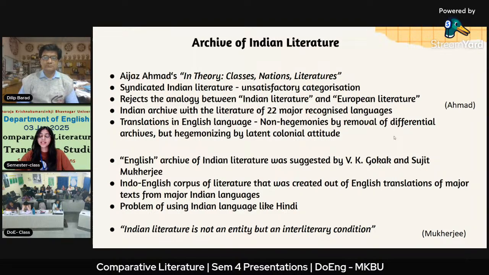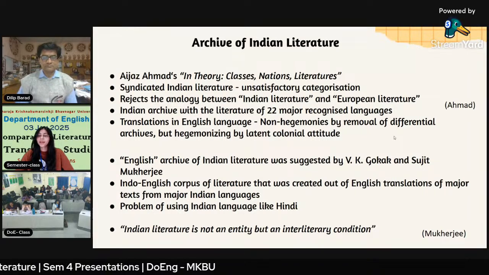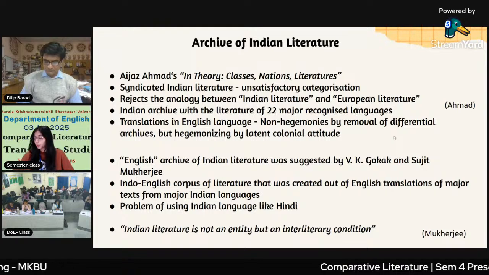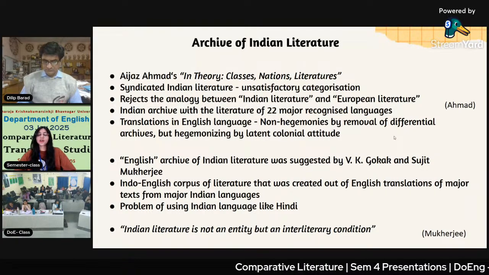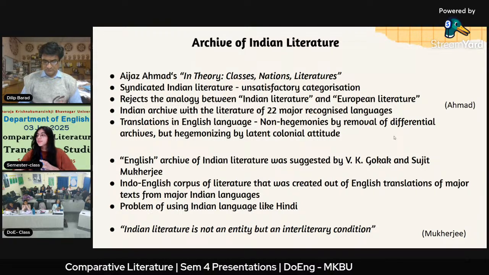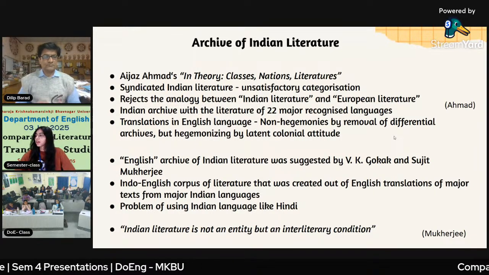And he rejects the analogy between Indian literature and European literature. Many times people compare the title Indian literature to the title European literature. But European literature emerges as an umbrella term, and Indian literature becomes a very narrow categorization.